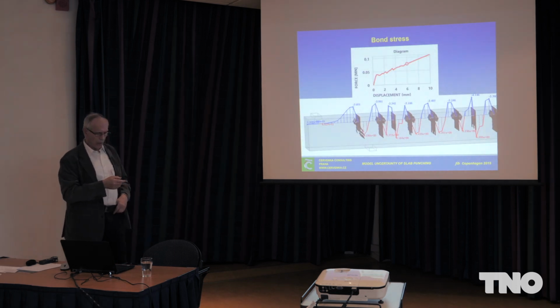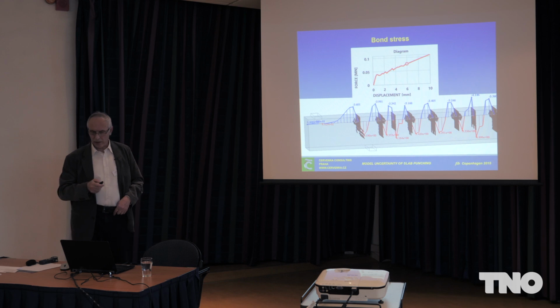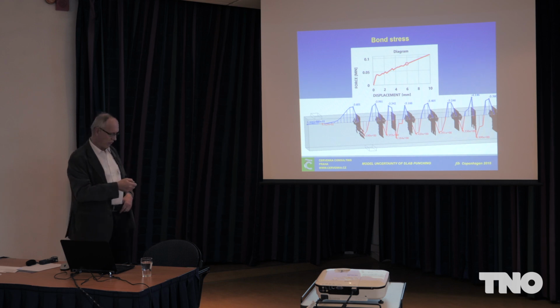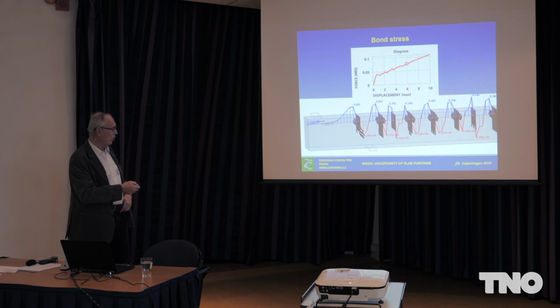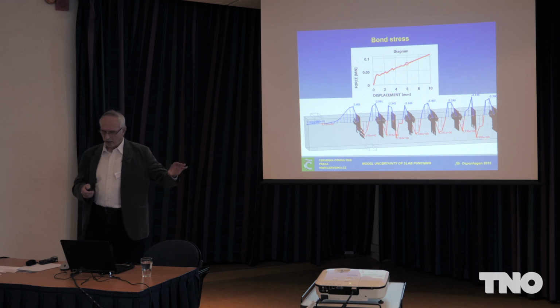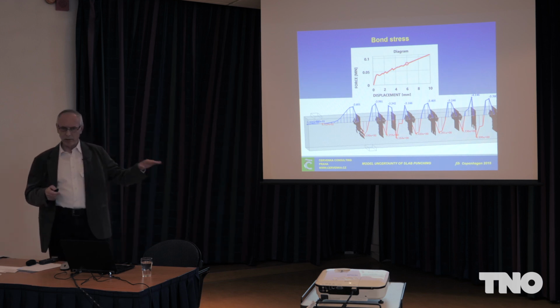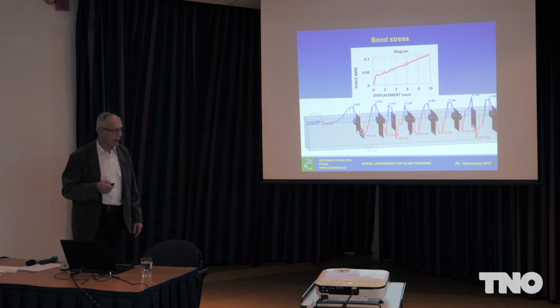And also, what is very important here, we have to work with bond, you know. So this is the load displacement diagram at this point, which is approximately serviceability level of design.